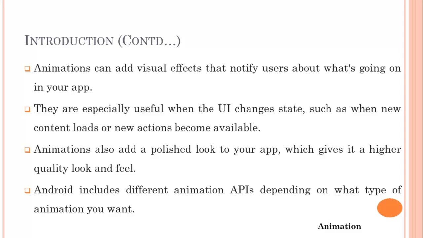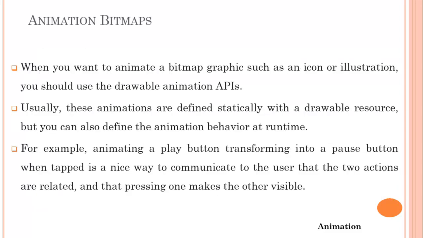Android includes different animation APIs depending upon what type of animation you want. This means that Android Studio offers you to design a variety of animations depending upon your need. So the first type of animation is animation of a bitmap. This means designing a symbol to show your activities in your application. When you want to animate a bitmap graphic such as an icon or illustration, you should use the drawable animation APIs.